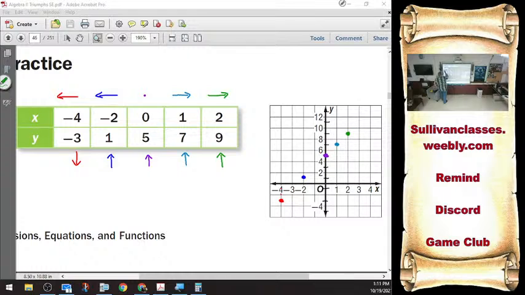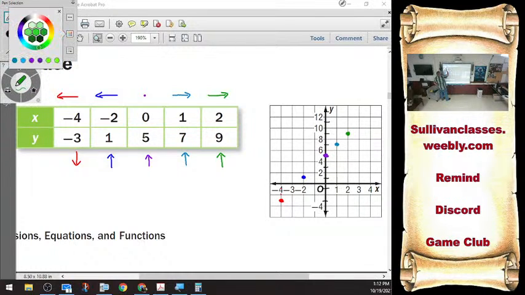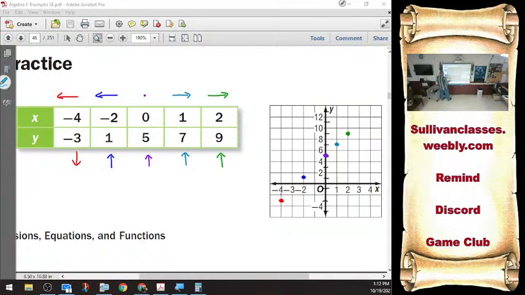Get your straight edge. Hope you don't suck. Yeah, that ain't bad for freehand.